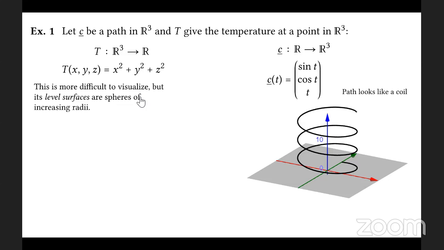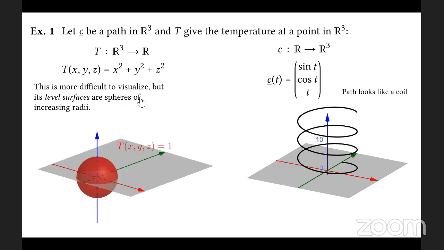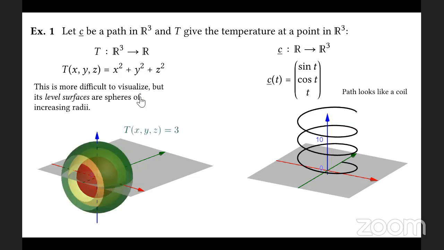I'm going to show you an example here. If you set T to be 1, we're taking sort of level sets, except this level set is a level surface. If you set T to be 1, you get the equation of a sphere centered at the origin with radius 1. That's for T equals 2, T equals 3, and T equals 4.